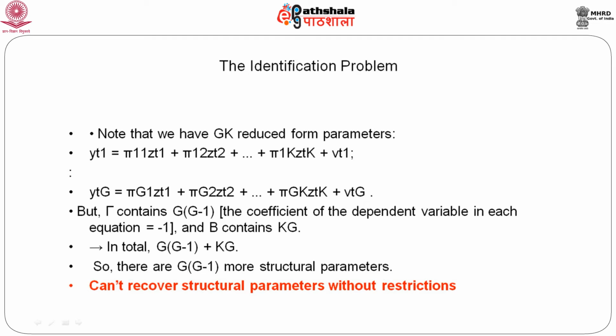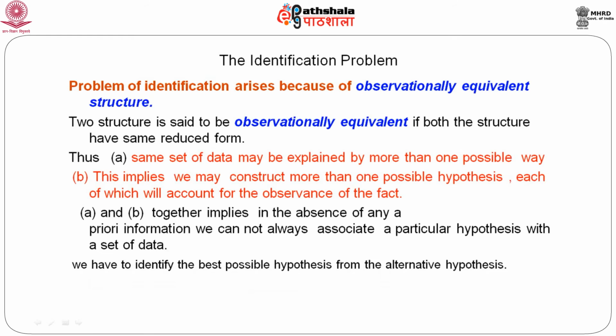That is, if you have observationally equivalent structures, then the same set of data may be explained in more than one possible way, and this implies we may construct more than one possible hypothesis, each of which will account for the observed facts. So, that basically implies that in the absence of any a priori restriction, it is not possible to determine all the structural parameters of the model.